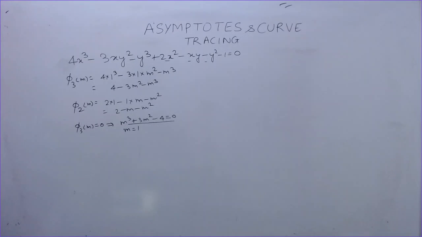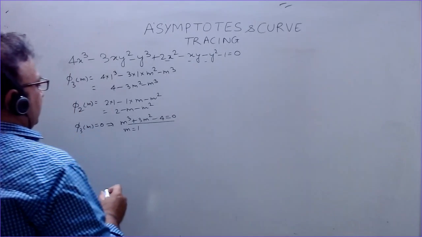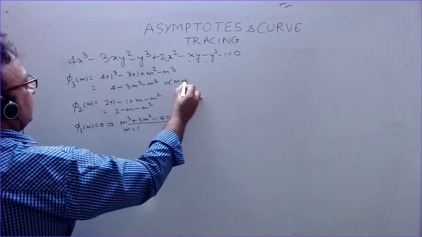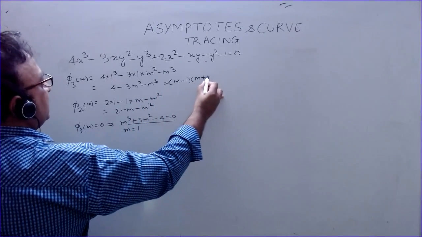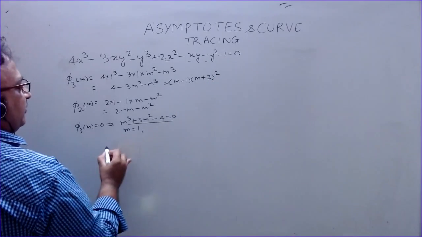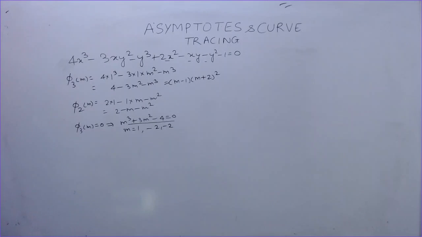So we can divide this by m minus 1, and you can write this as m minus 1 into m plus 2 whole square. So this gives m equal to 1 and minus 2, minus 2. So there are two similar values of m. It means that two asymptotes are parallel to each other. So we have in all three asymptotes.